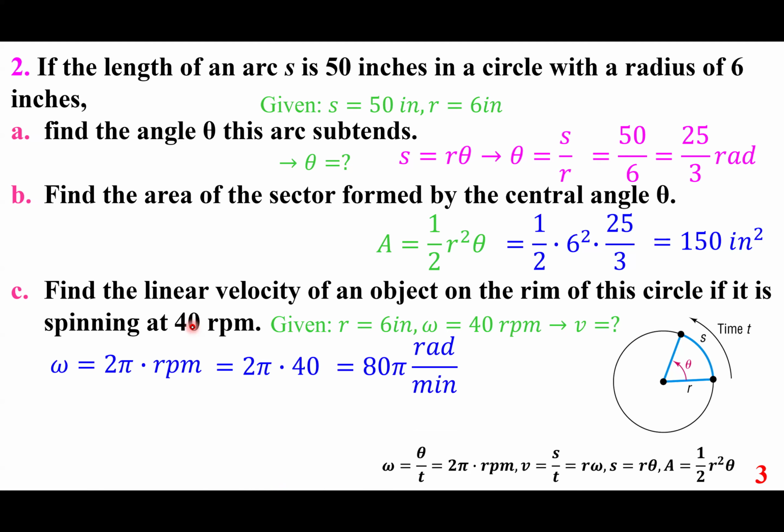And V is R omega. So multiply the two: 6 times 80 pi, 480 pi. This is the exact answer, 1,507.96 inches per minute. You always have to write down the units accordingly, everybody.